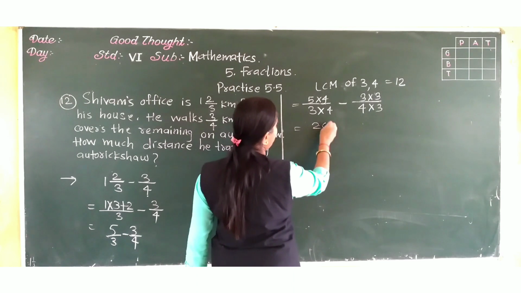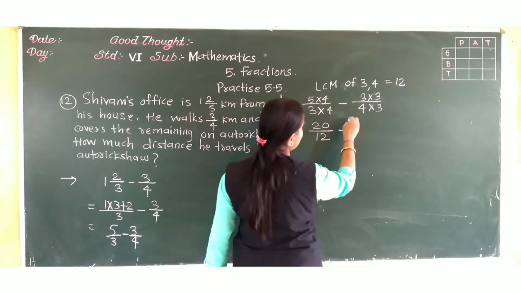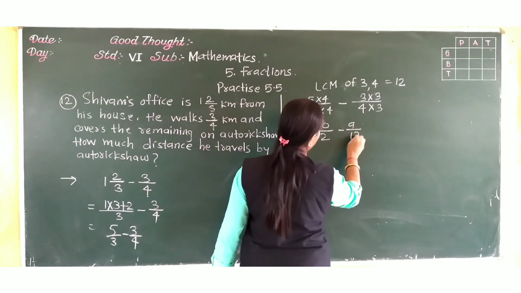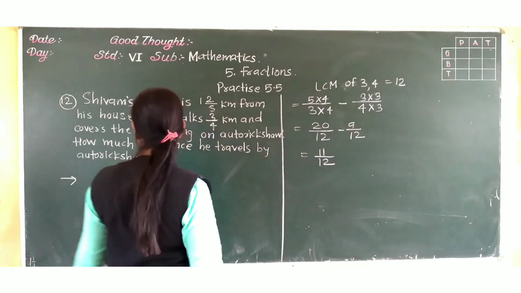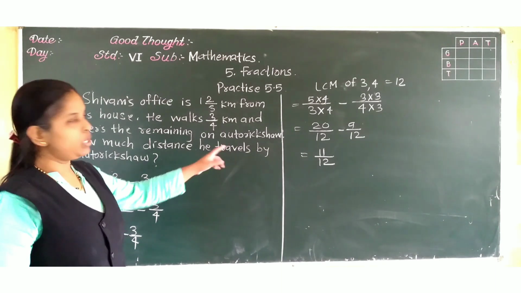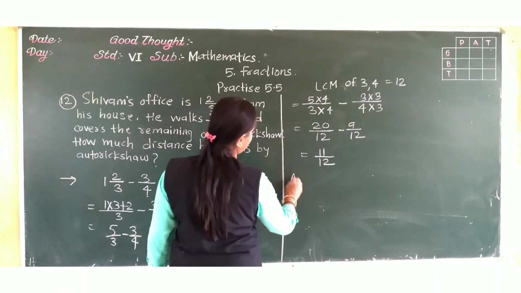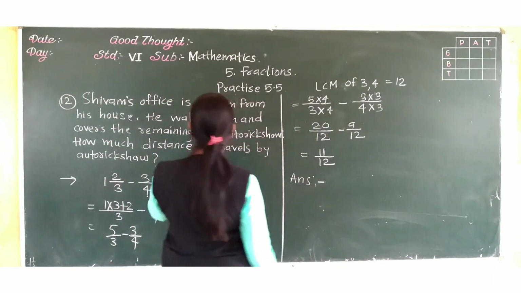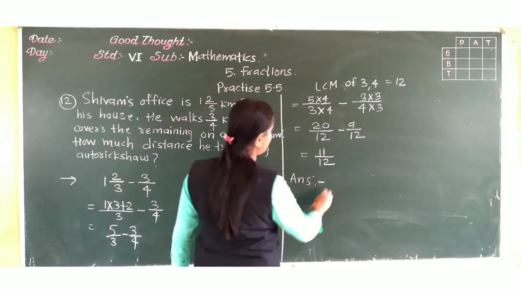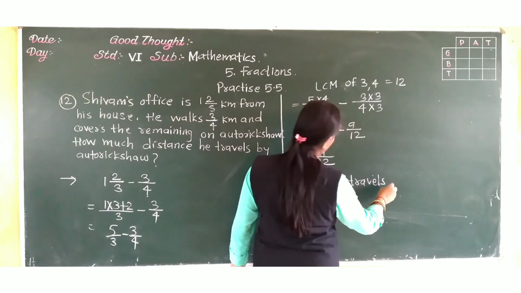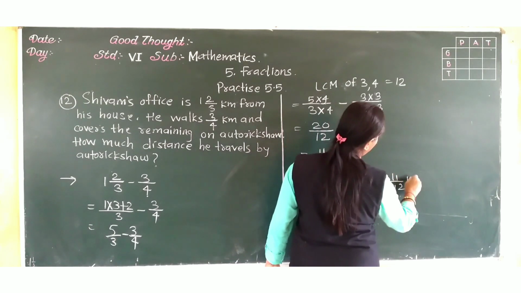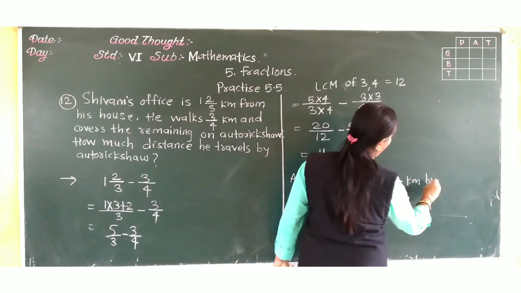Now 5 4s are 20, 3 4s are 12, minus 3 3s are 9, 4 3s are 12. So what is the answer? 11 upon 12. 20 minus 9 is 11. 11 upon 12. So how much distance does he travel by auto rickshaw? He travels 11 upon 12 kilometer by auto rickshaw.